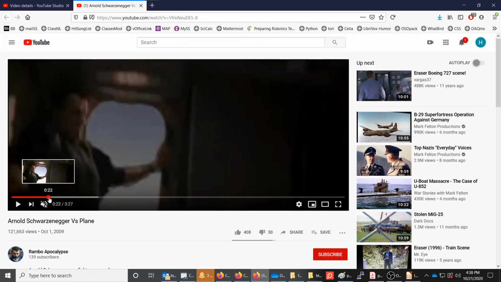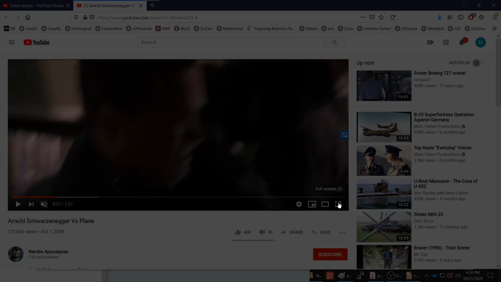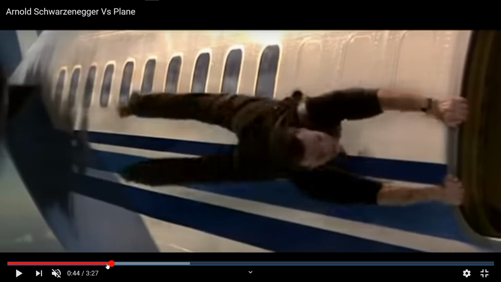Okay, so what happens? He falls out of the airplane, barely holding on, and he reaches in and grabs for the parachute, but he drops it. So now he's still holding on to the plane, but the parachute has already started falling.